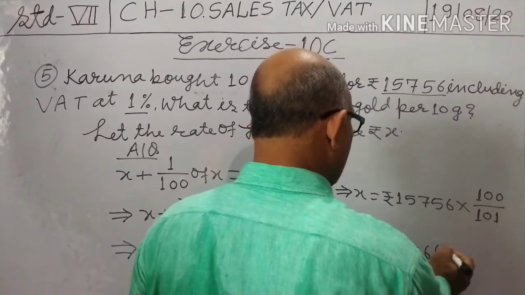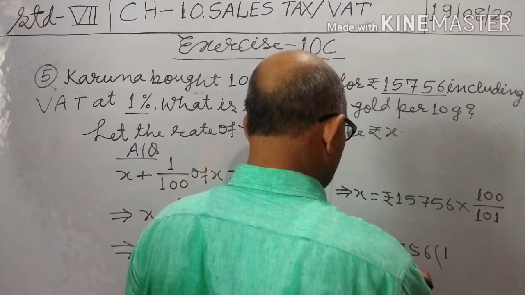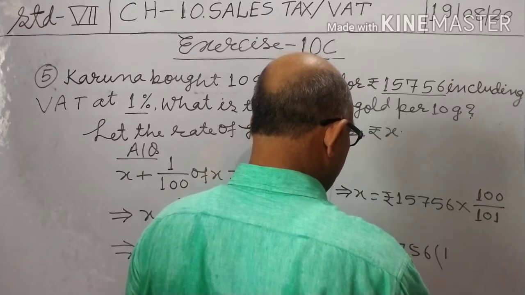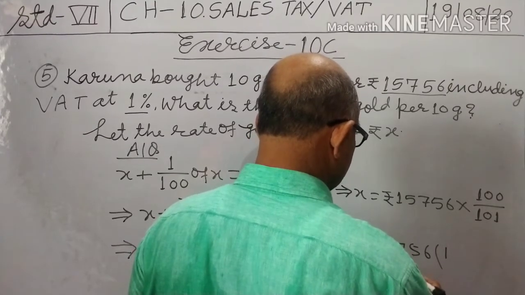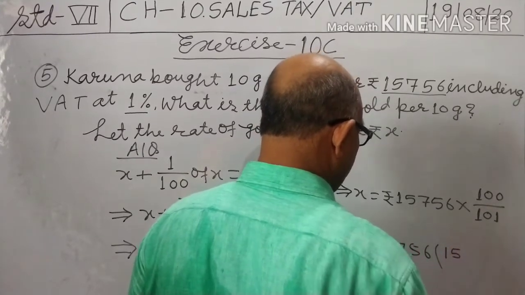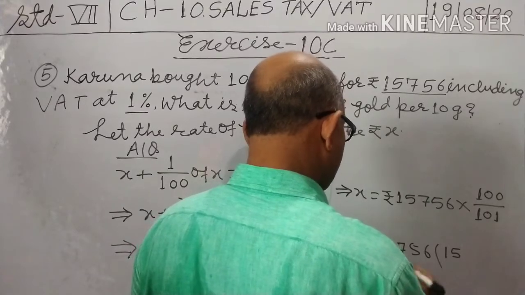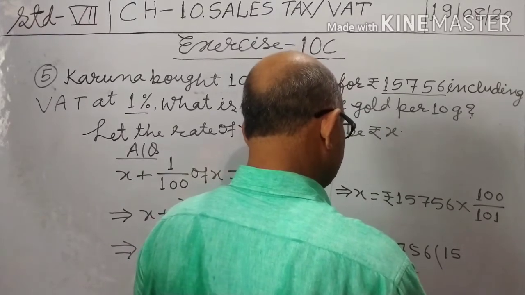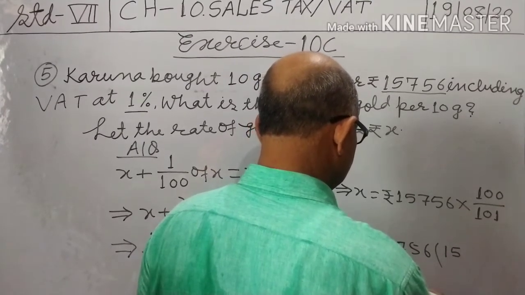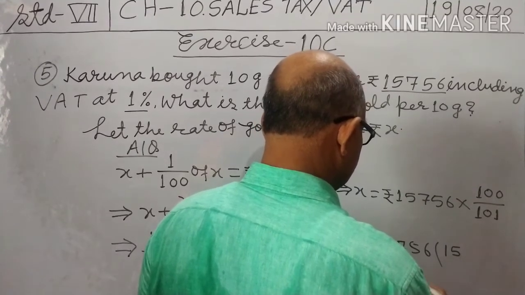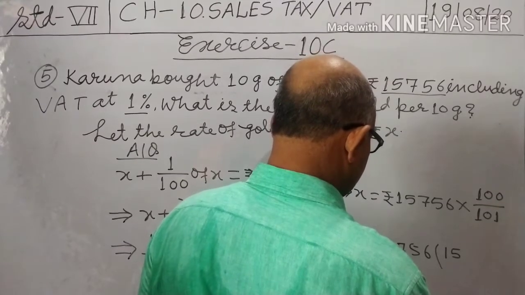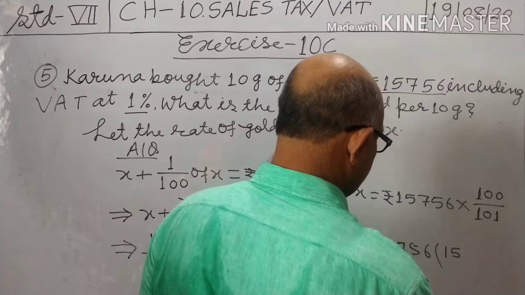15,756. One times 101. 7 minus 1, 6. 5 minus 0, 5. Now 5 times 101 is 505. 6 minus 0... Cancel. 6.